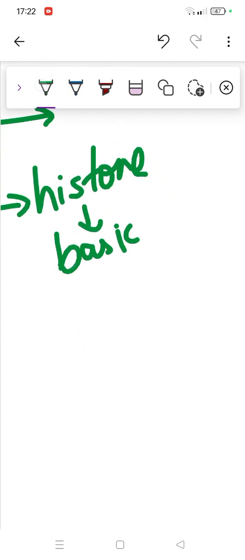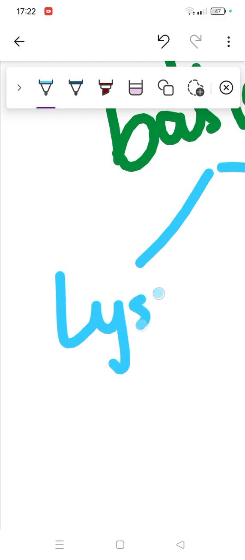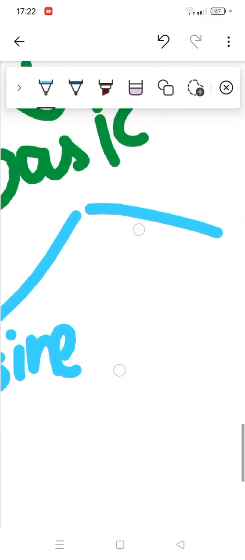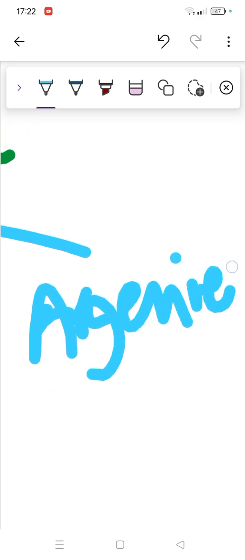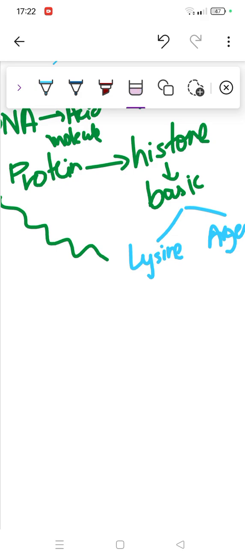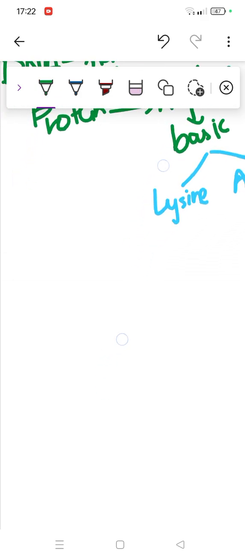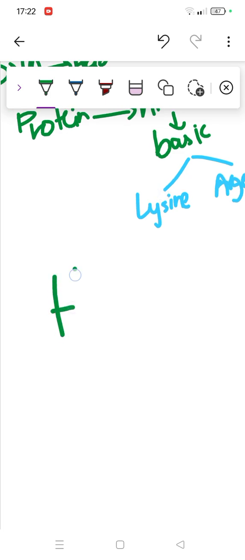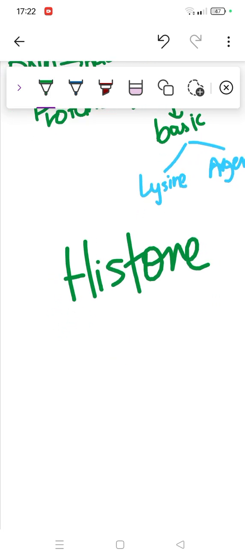In the histone, we have two basic proteins called lysine and arginine. These both are basic proteins which are used for DNA to control it. Before that, when we talk about histone detail, histone protein is simply making a structure called an octamer.